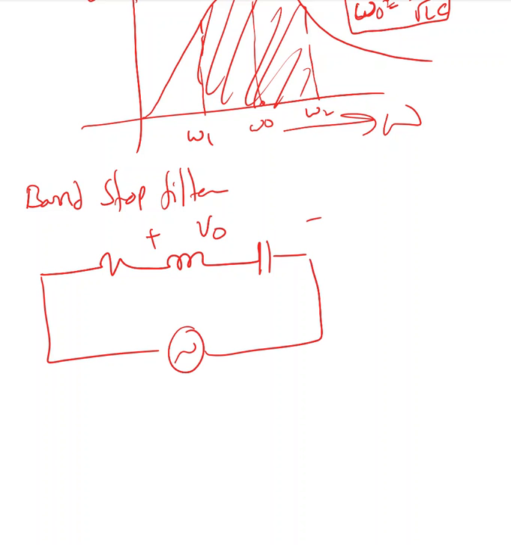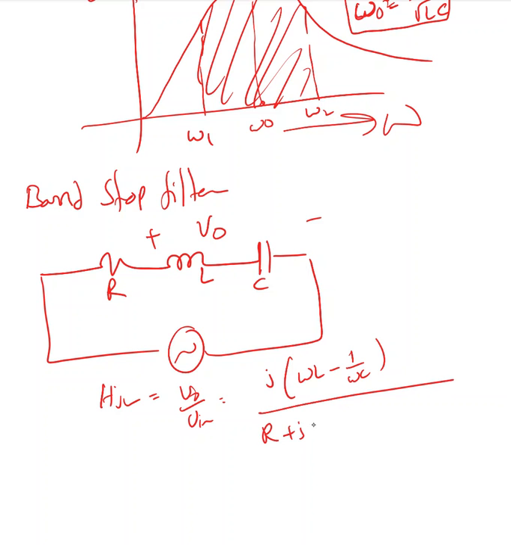I'm going to take my output across L and C. So here also H(j omega) equals V0 over Vin equals j times omega L minus 1 over omega C, divided by R plus j times omega L minus 1 over omega C. Here also, if I take the resonant frequency, it's going to be 1 over square root LC.